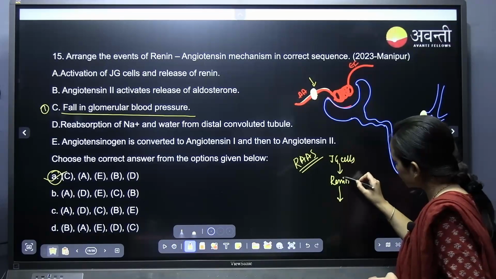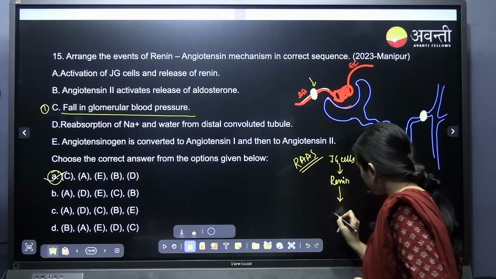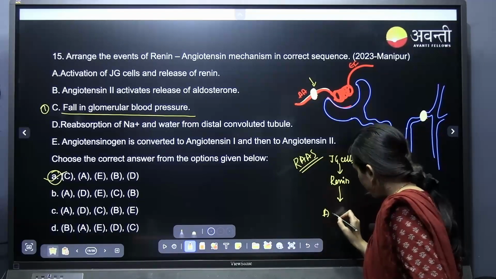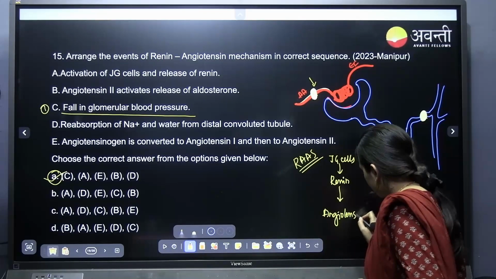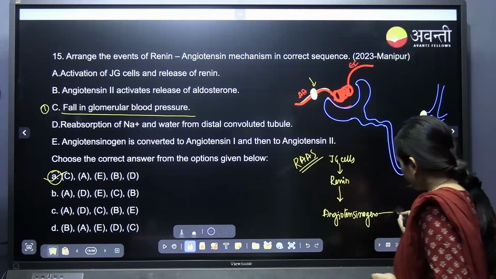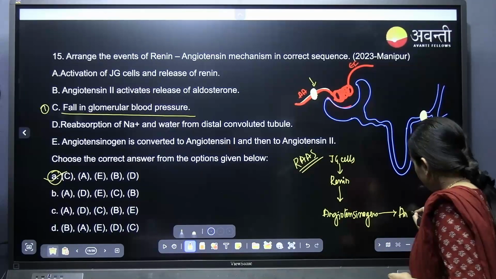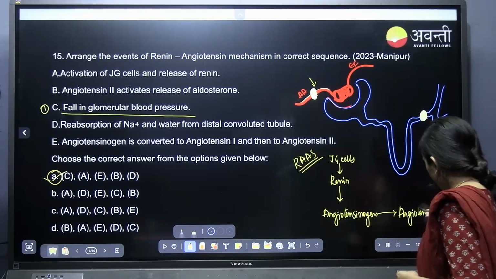JG cells release renin. The renin converts the inactive angiotensinogen to angiotensin 1.